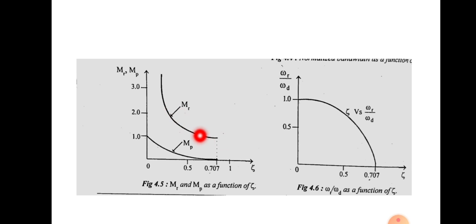So we can draw the curve like this. When we take different values of epsilon, we get different values of Mr, and finally it goes from 1 to infinity. That is why we are drawing the curve here. We are not taking each and every value of epsilon.